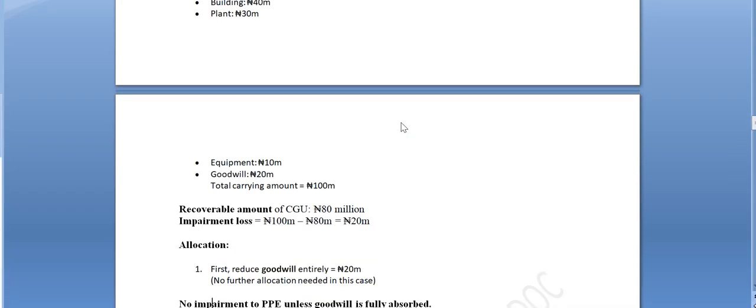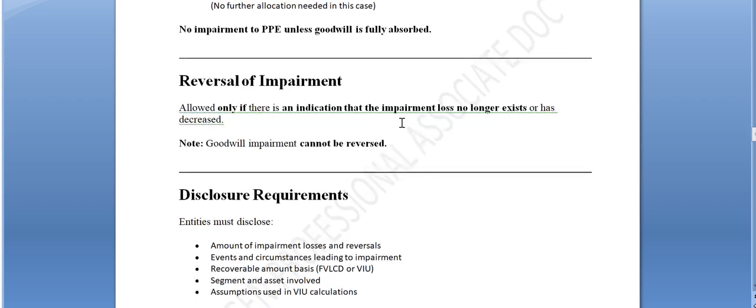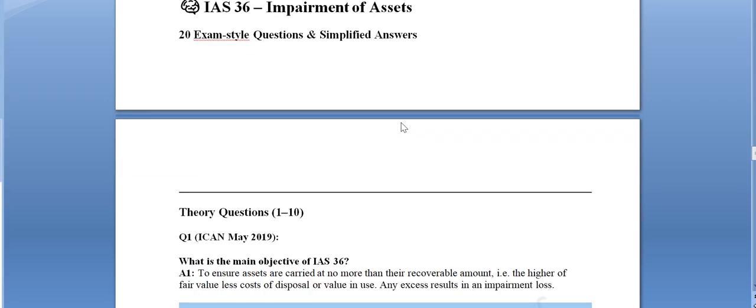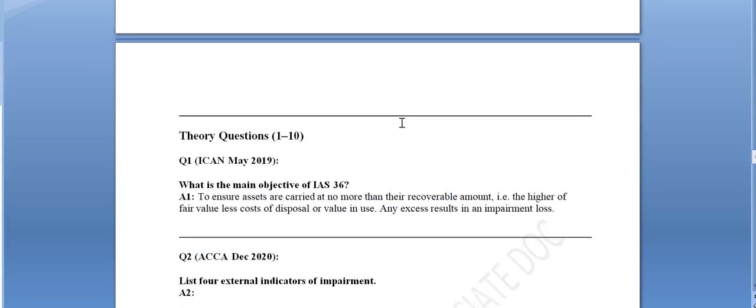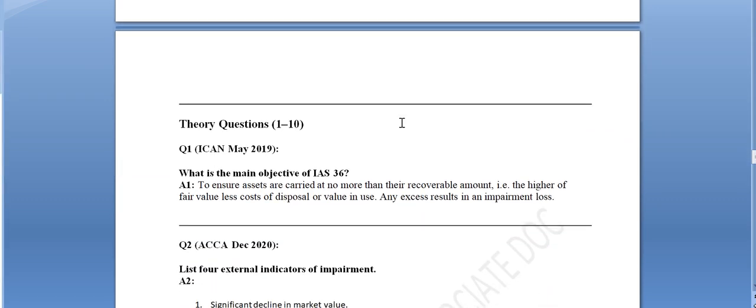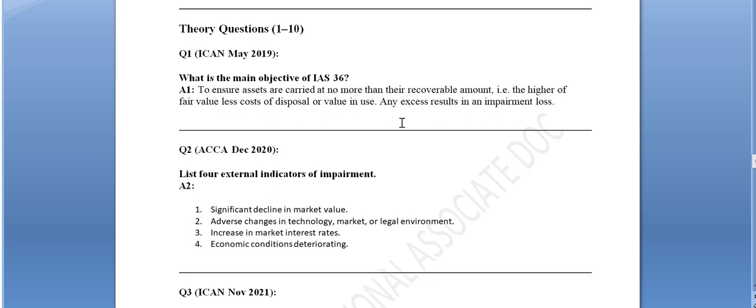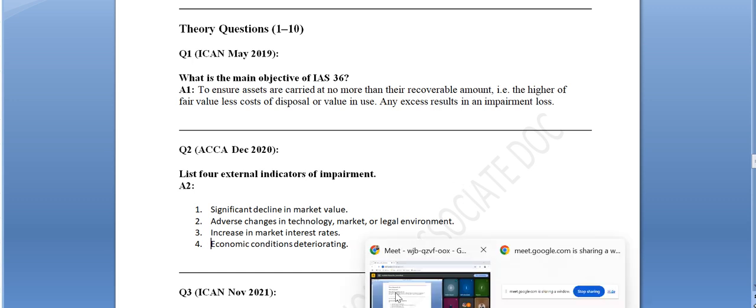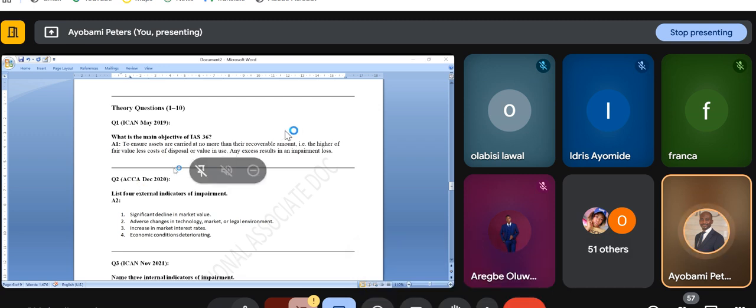Yes, sir. Thank you. So I'm coming then. Let me look for one. I can pass questions since you want us to look at it together. These are past ICAN questions. This is May 2019 question 1. What is the main objective of IAS 36?